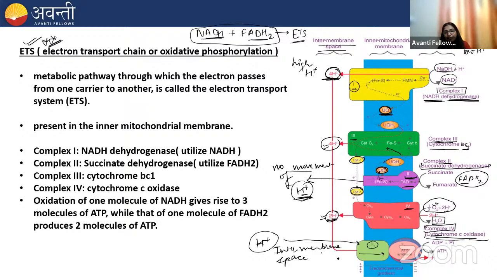When it passes through this F0, this proton gradient gets disturbed. Okay, and there's a release of energy. This energy will be utilized by this F1, which is the catalytic site of ATP synthase enzyme. And this F1 utilizes that energy and results in the formation of ATP. This is how ATP formation takes place in the electron transport chain or the oxidative phosphorylation in mitochondria.